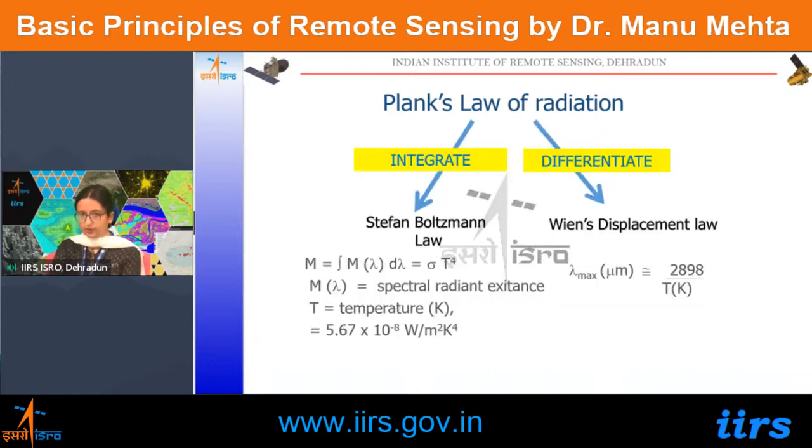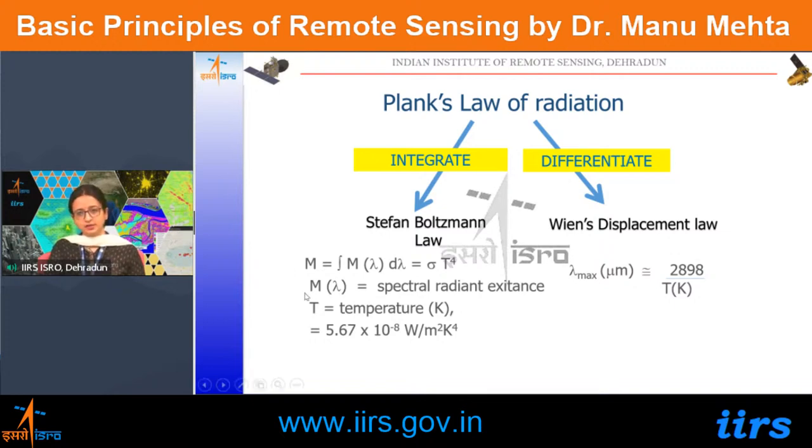Now, if you differentiate this law with respect to wavelength, you'll get Wien's displacement law, which states that the peak emission wavelength is inversely proportional to the absolute temperature. Whereas if you integrate it over the entire wavelength range, you will get the excitance. The spectral term will not remain there because you are integrating over the entire spectrum.